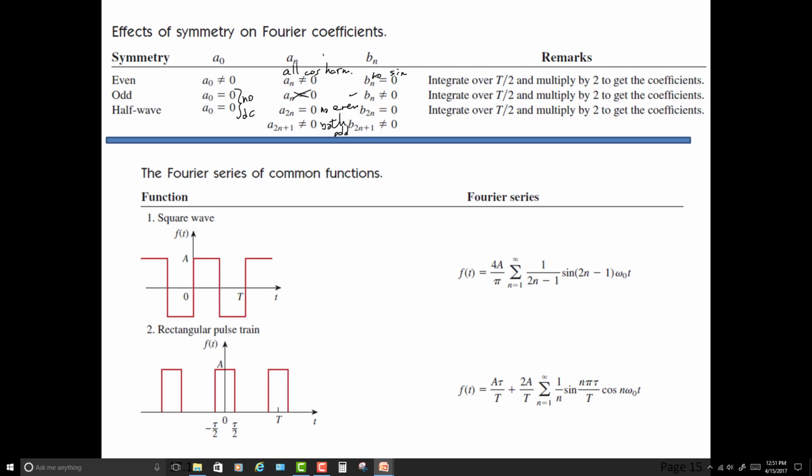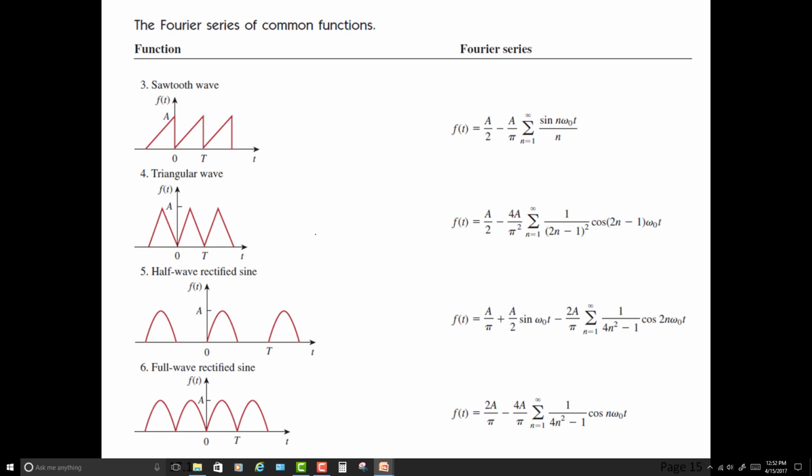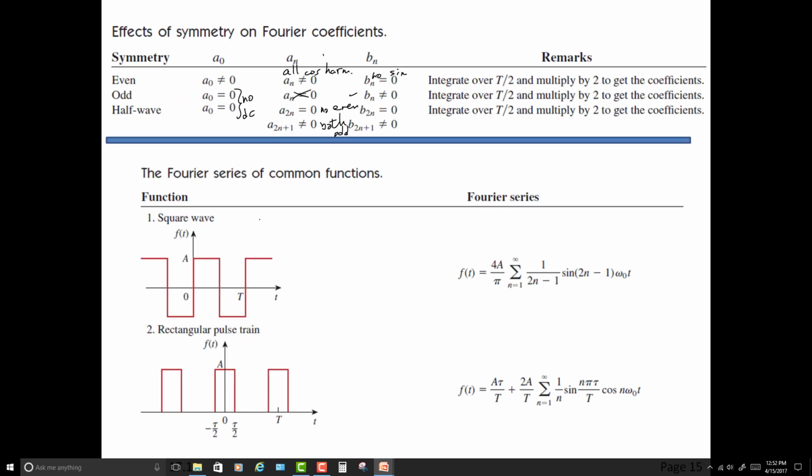So here are some common functions, these charts straight out of your book. I bother to reproduce them because you'll look and see, I'll go on to the next page, which has the rest of them. All of these are real basic handy ones to have. So let's take a moment on them. Here's the standard square wave, and here's the standard pulse train, right? Now, notice tau here. You don't know what tau is.